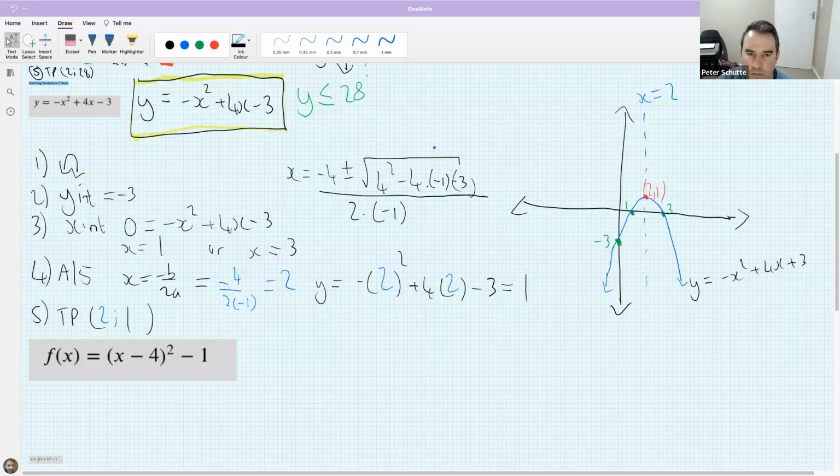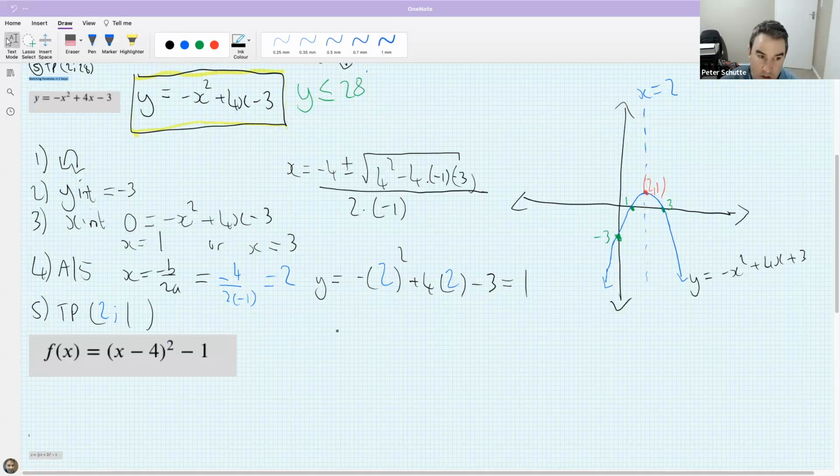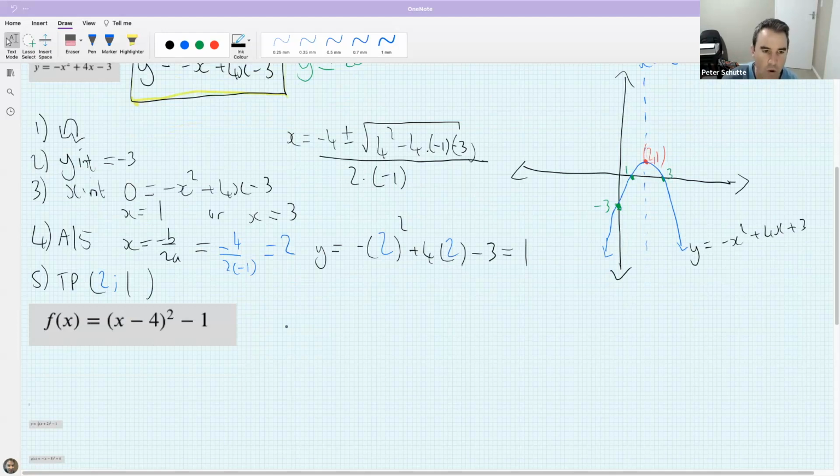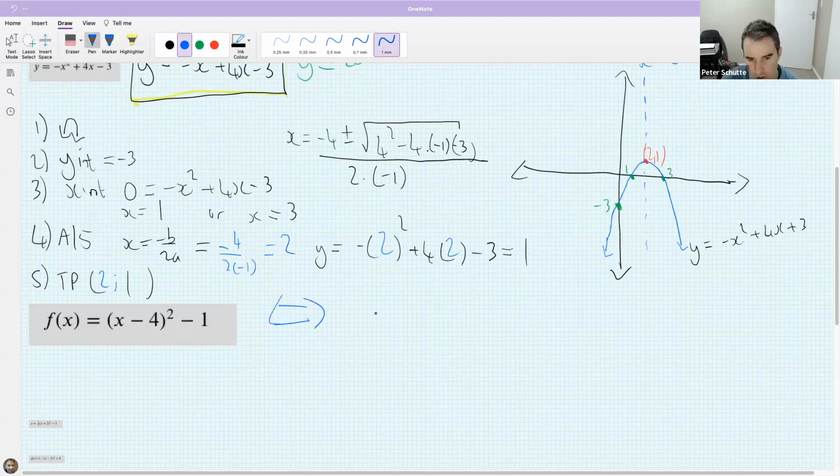I was taught to make the equation something like x minus 2, x plus 2. Okay, Michaela, you're talking about transforming it from standard form into turning point form. Now, at the moment, this is in turning point form. You have 2 choices. One is you can break this apart and turn it back into standard form, or you can work with it like it is.